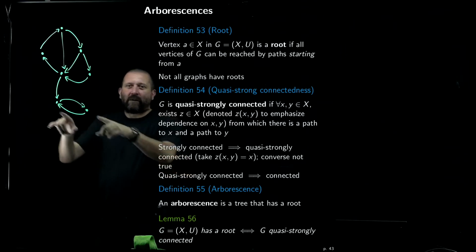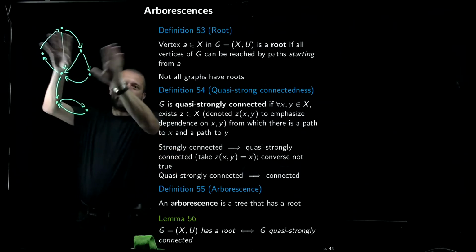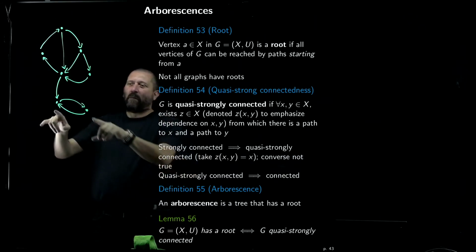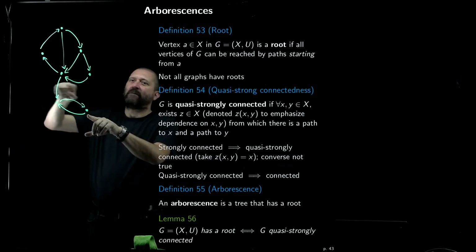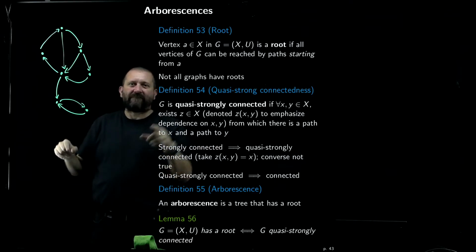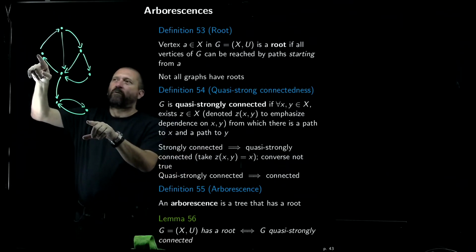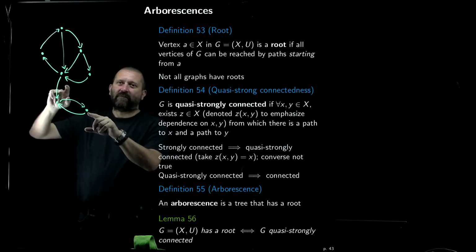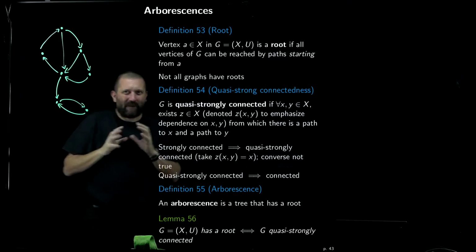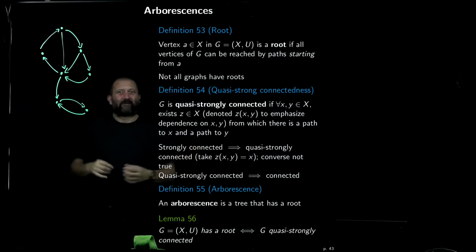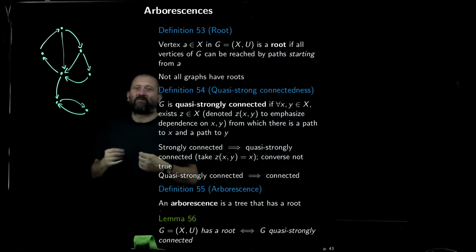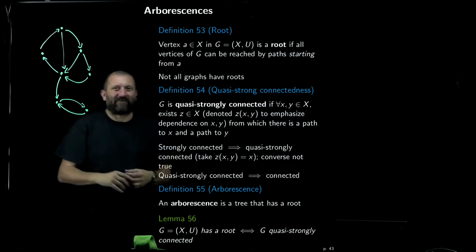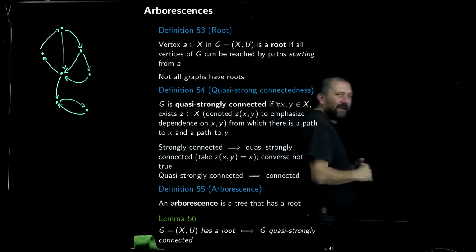But what that means is, for example, if I take those two, because all the others are strongly connected, we don't care. But if I take those two, well, I can take any other vertex, and there is a path from that vertex to this vertex, and a path to this vertex. Okay, so it is almost strongly connected, hence the quasi, but not quite. It's quasi-strongly connected.